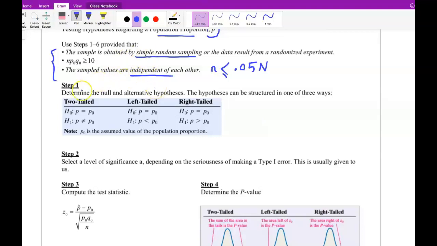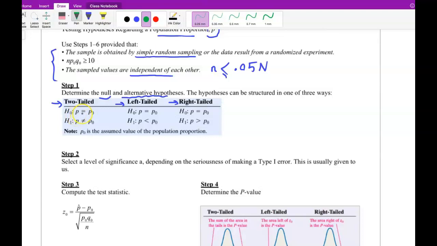So after that, we're going to follow these steps. Step 1 is to determine the null and alternative hypotheses. Exactly the same as the previous section, we have two-tail, left-tail, and right-tail. For all of these the null hypothesis has equal to. Since we're using a population proportion, I have p.